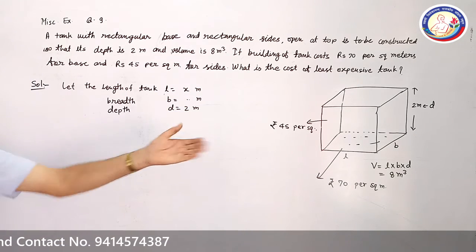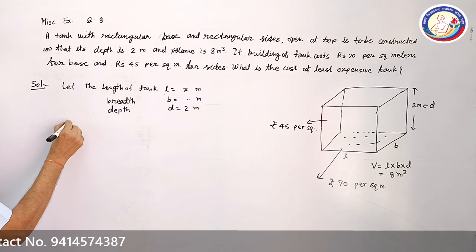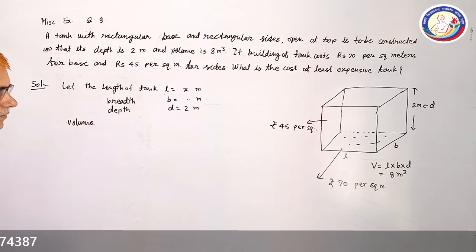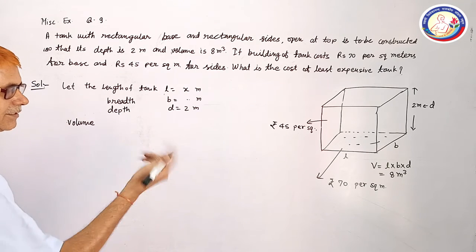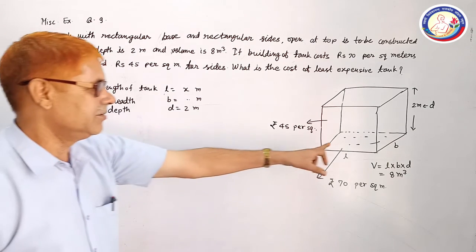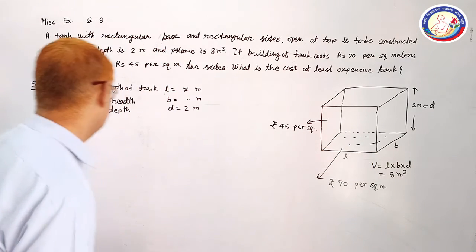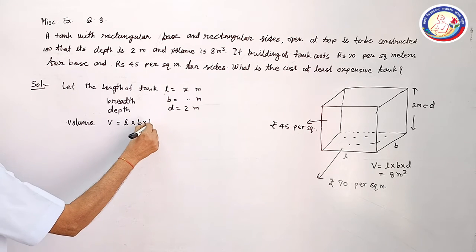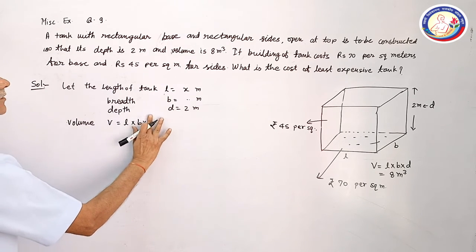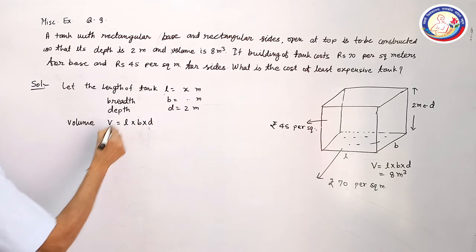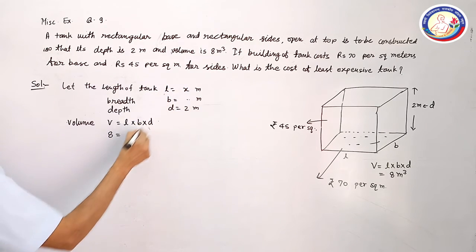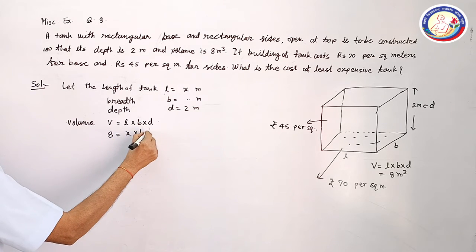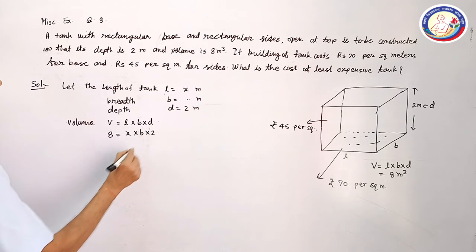So what is the volume of this tank? Volume of a rectangular tank, base and sides rectangular, it will be a cuboid. Its volume is L into B into H or D cubic meters. So V is 8 here, we have found L as x meter, we have to determine B, and depth is 2.